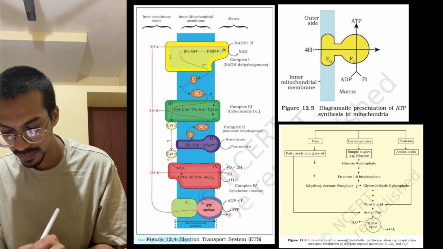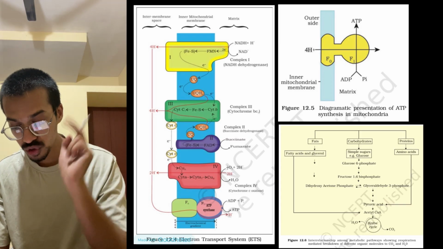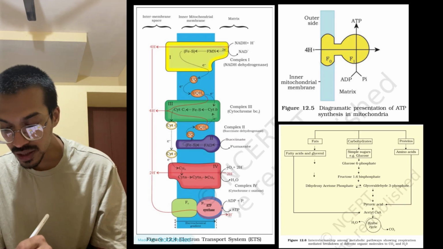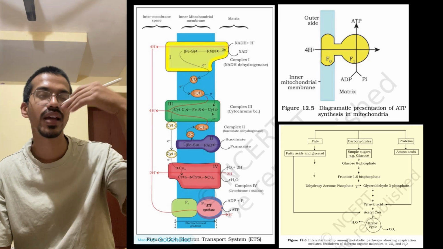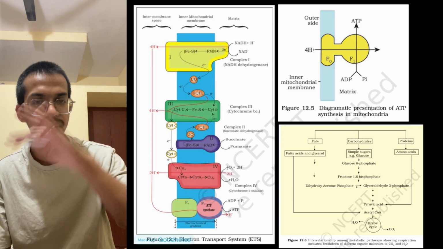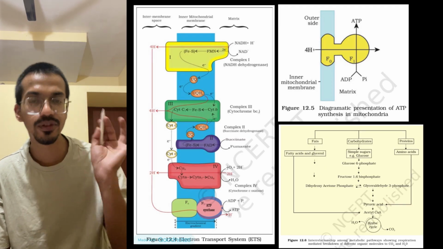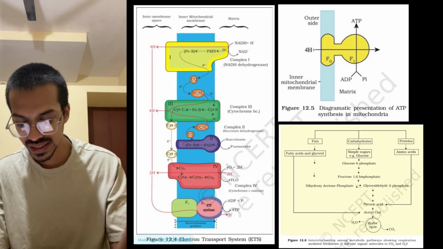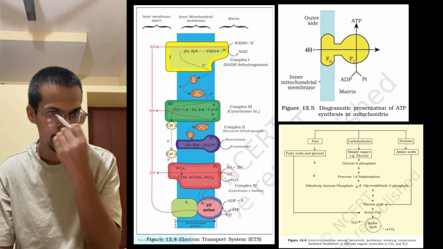Complex 1 is this, complex 2 is this, complex 3 is this, complex 4 and complex 5 is this. Their names are given to you. Next thing to remember: when NADH is being converted into ATP, the first, third, fourth and fifth complexes will work. But for FADH2, the second, third, fourth and fifth will work.